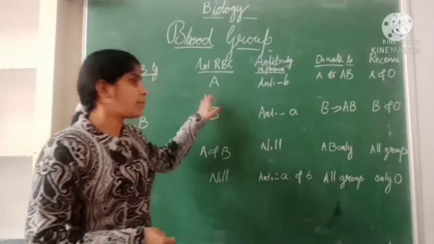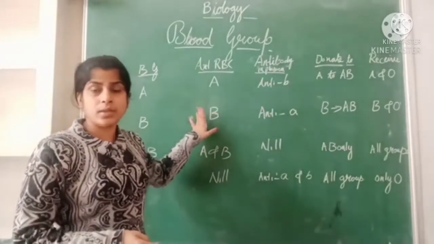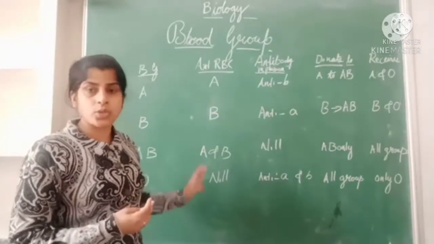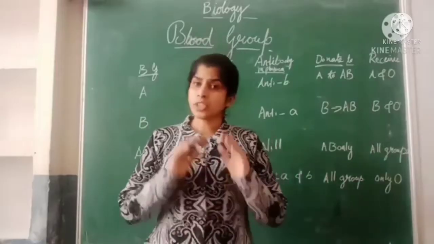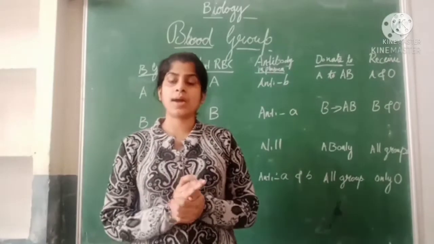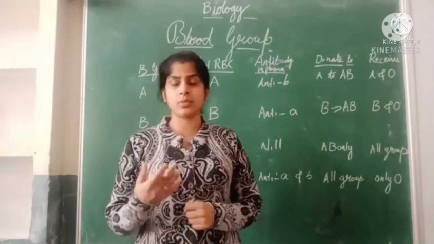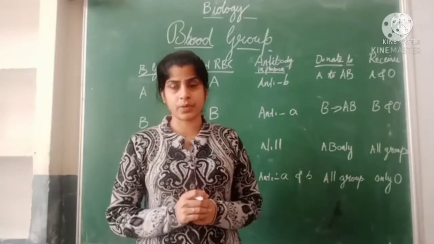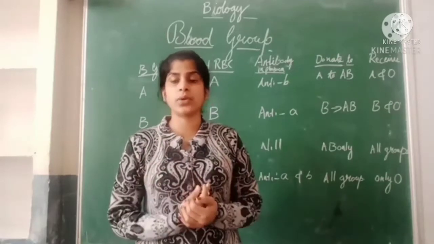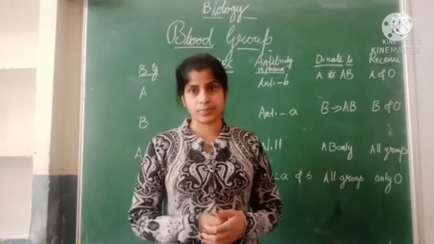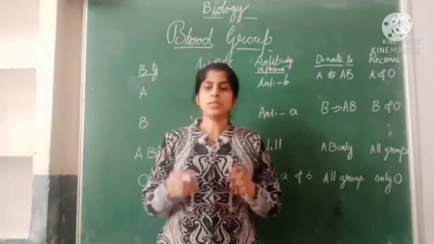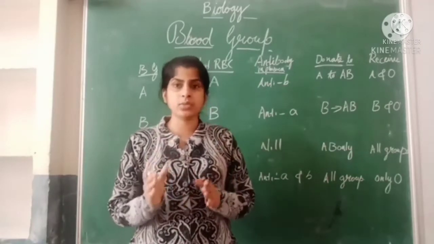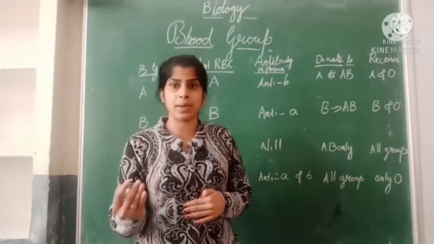So we have A positive blood, B positive, A negative, B negative, AB positive, AB negative, O positive, O negative. Mostly all people have RH positive, because RH positive means antigen is present in the blood. Clear?